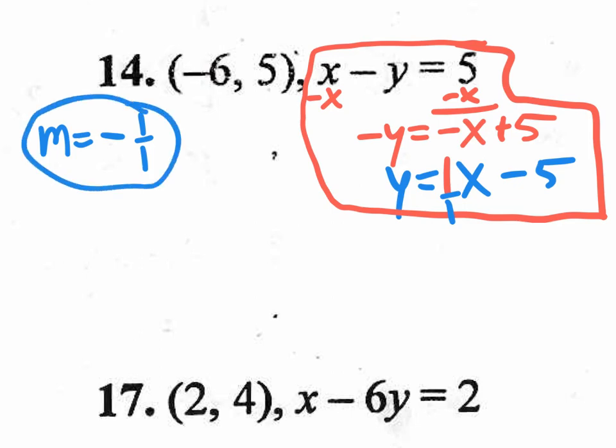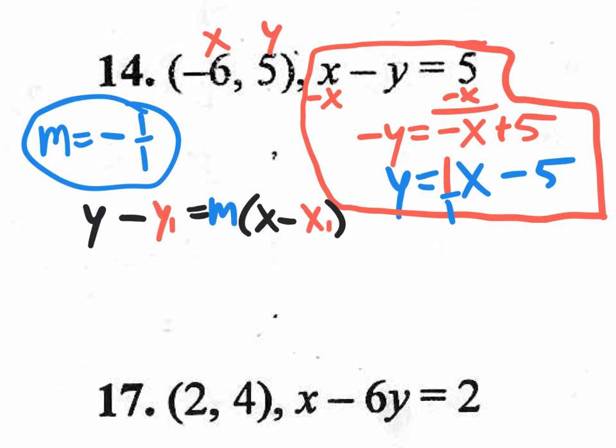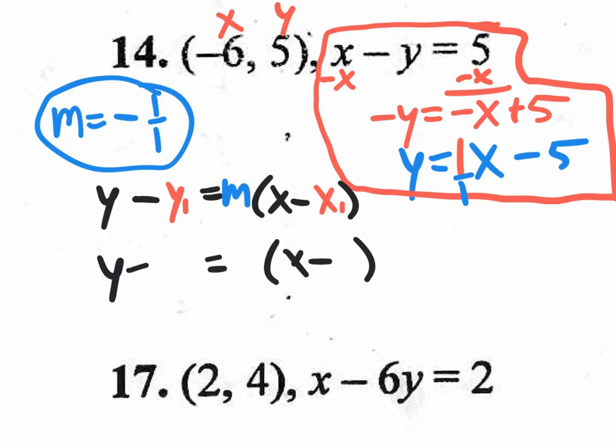So now that we know our slope is negative 1 over 1, and now that we have a point that was given to us, we could plug it all into point-slope form. And of course, let's leave blank spots to plug it in. So let's plug in our values. Y is 5, x is negative 6, the m value is negative 1 over 1. I'm just going to put a negative 1. That's point-slope form. We want slope-intercept form.